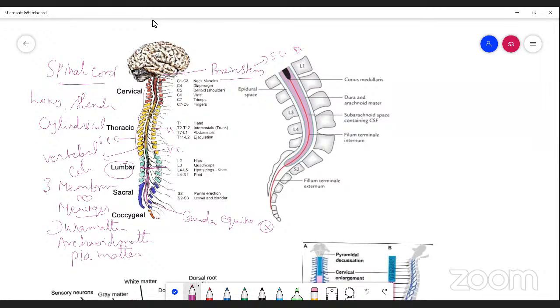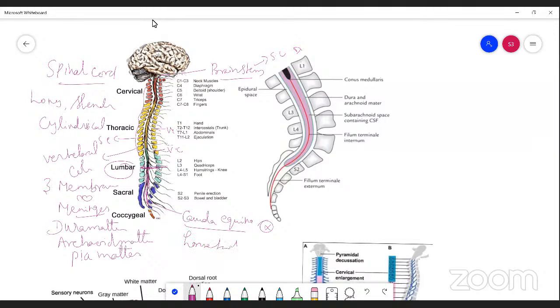We can see in the lower vertebral column a thick bundle of these elongated nerve roots. That is called the cauda equina. It is a very important one, and a frequent question. It looks like a horse tail.